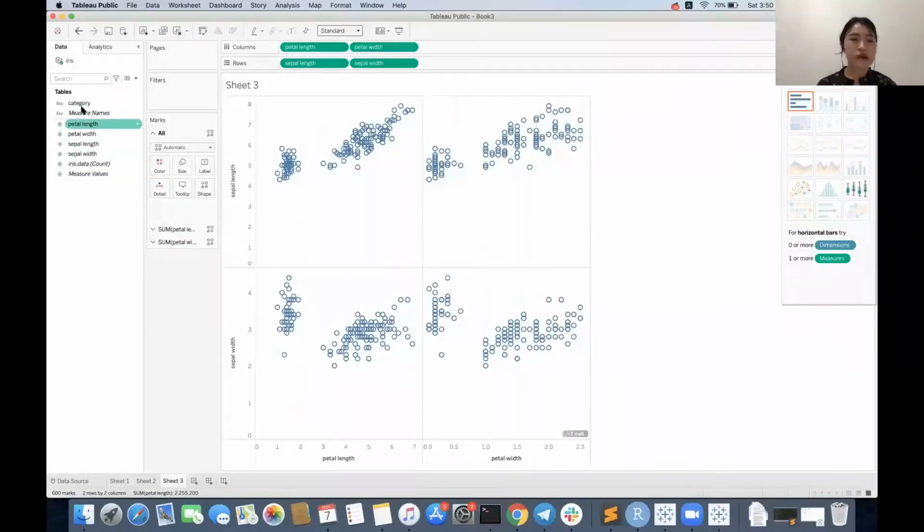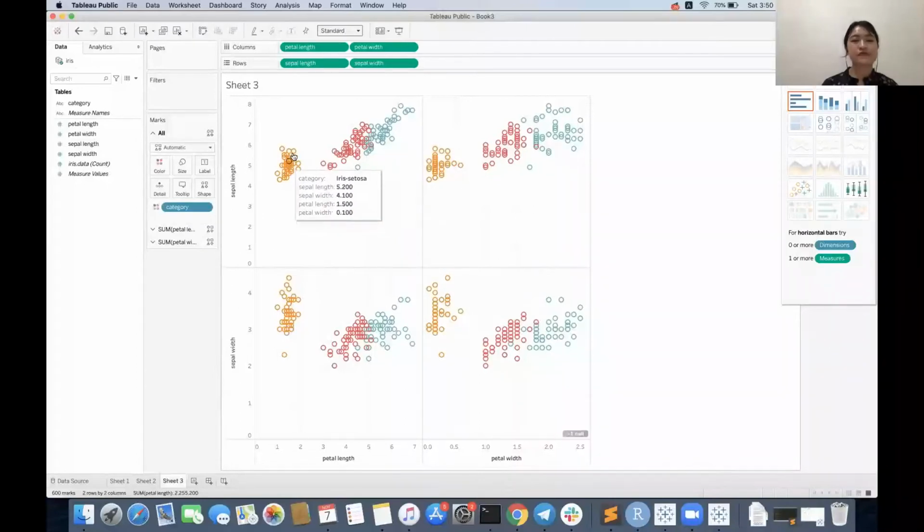Okay, if no, we can see the relationship of the whole data, and then if we want to compare the relationship between the categories, you can just pull the category into the color, and then you can see each category's relationship with its width and length, right? And if you don't like the color, you can just change it.